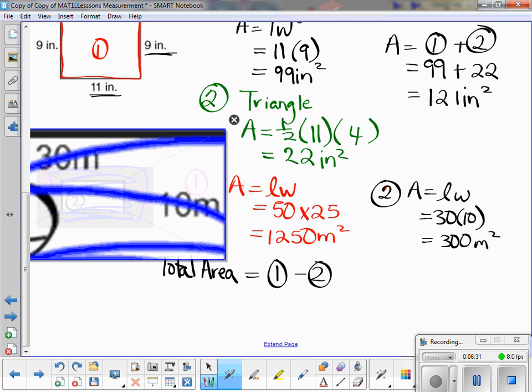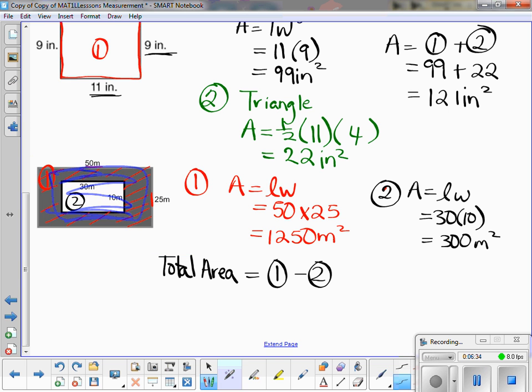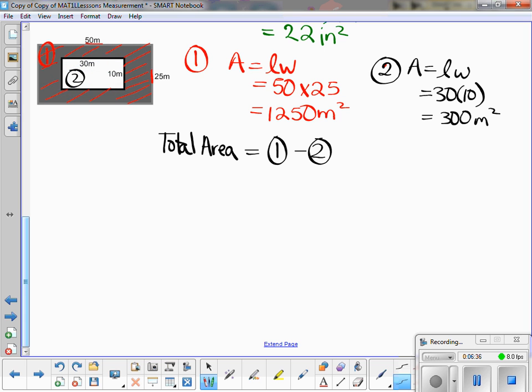When we do that, we end up with 1250 minus 300 for a grand total of 950 meters squared. So you have some fun trying some questions out yourself now.